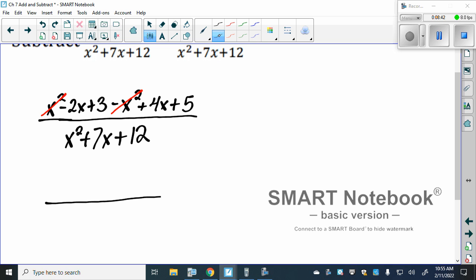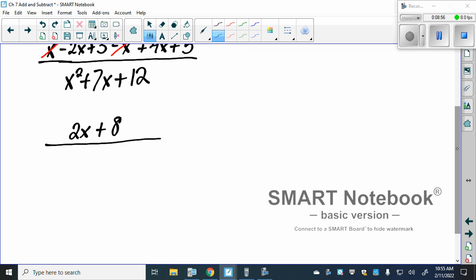Now the next one we have is negative 2x plus 4x, which would give us a positive 2x. And lastly, 3 plus 5 is plus 8. And this is over our x squared plus 7x plus 12.